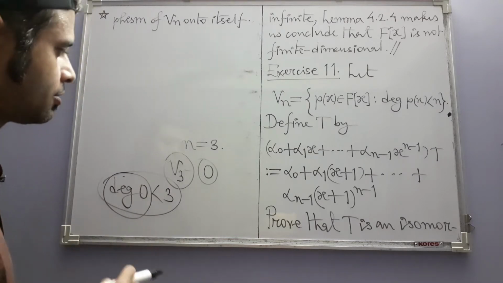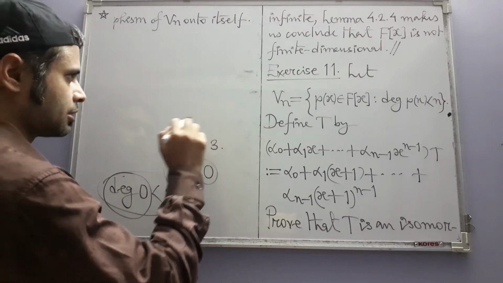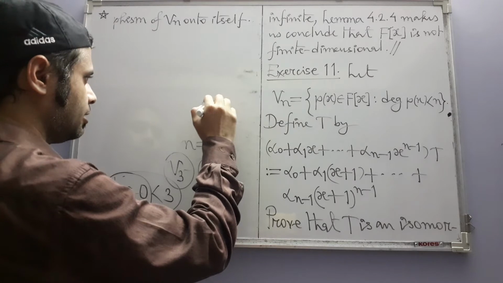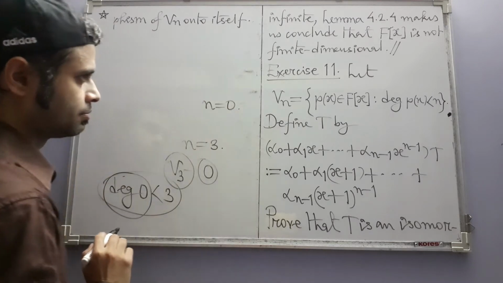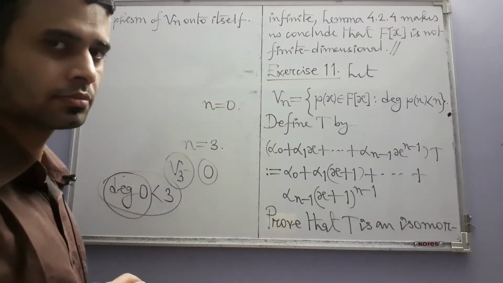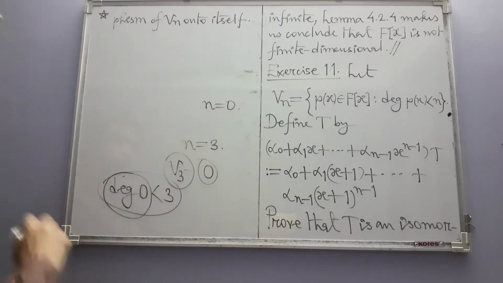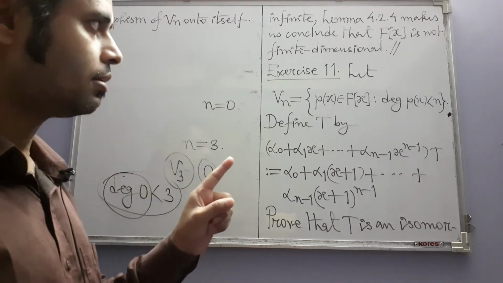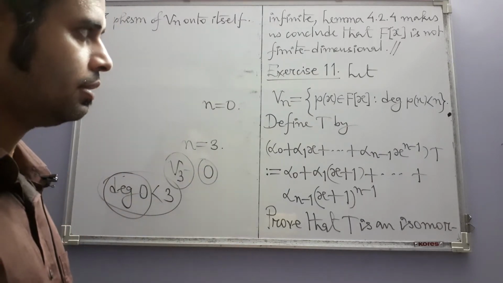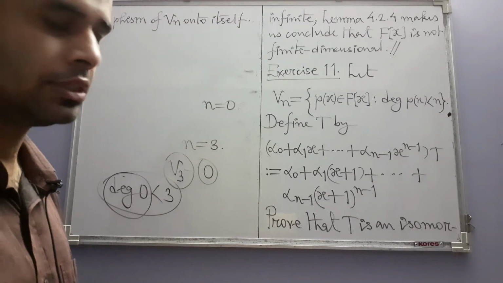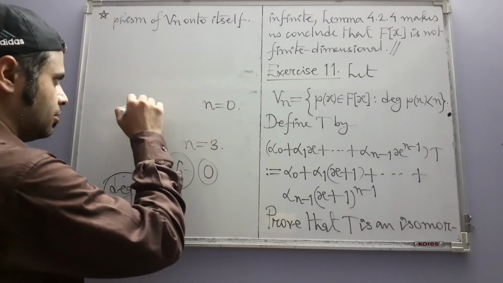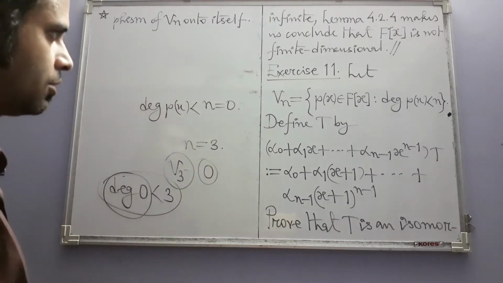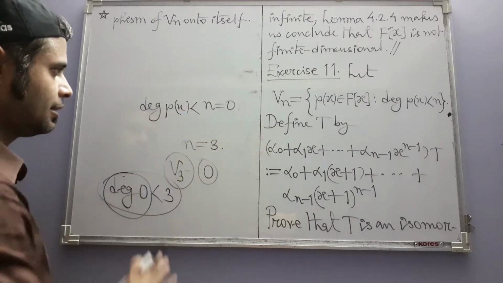And in fact you can also see one particular case where things look extremely bad. If you take n equal to 0, then according to the definition of this, since the degree of every polynomial is by definition a non-negative integer, no degree will be less than 0, because we don't have negative degrees.